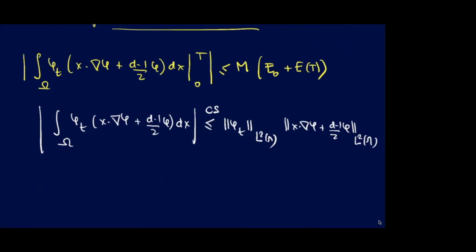Here, something more complicated with an x. Oh, but I know that x is bounded by capital R, and the dimension d is also given. Definitely all these by the triangle inequality will be bounded by the norm of the gradient phi in L2 and the norm of phi in L2. But I also have the Poincare inequality, that will tell me that this is less than the norm of gradient phi in L2.